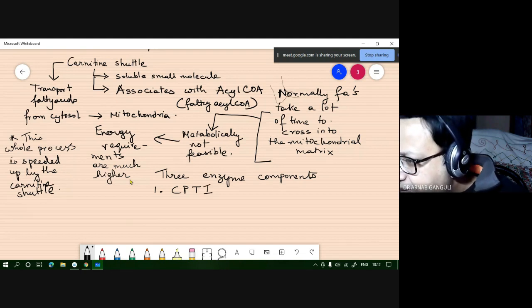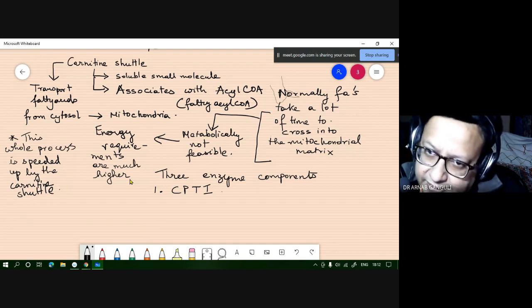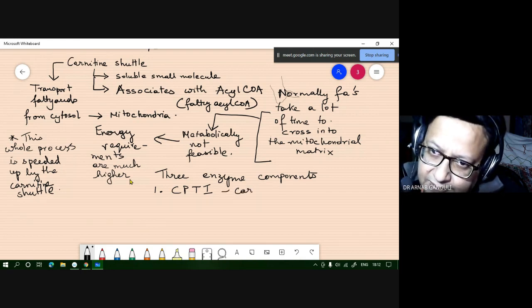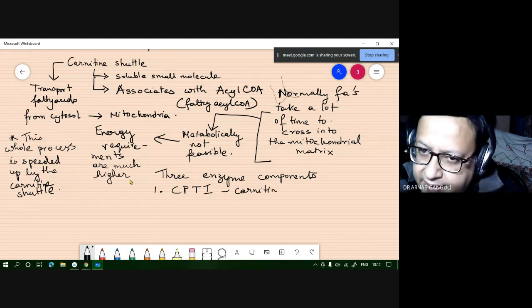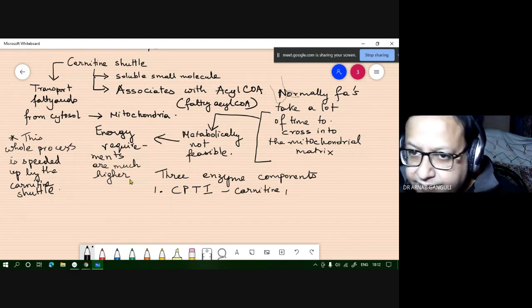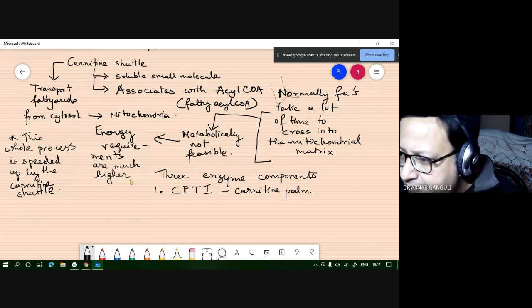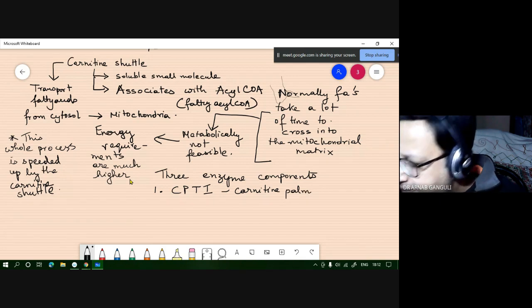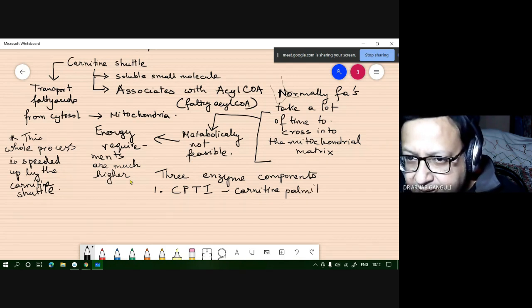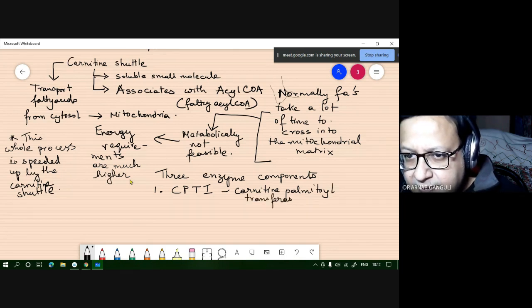The CPT1 means carnitine palmitoyl transferase 1.